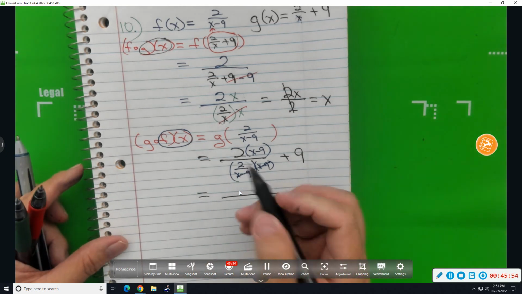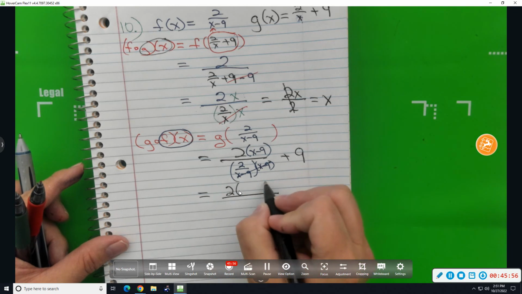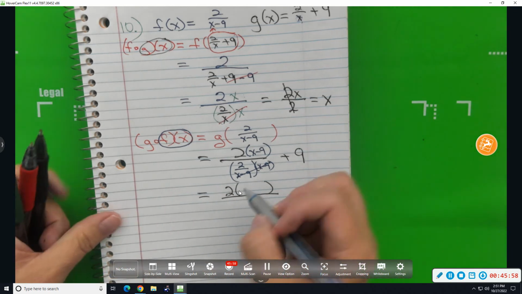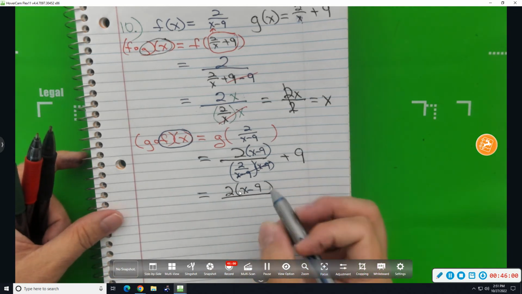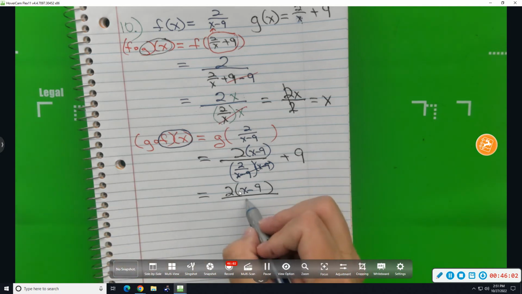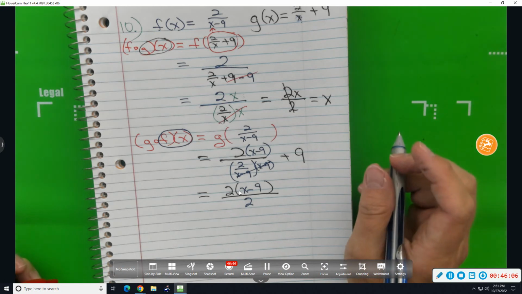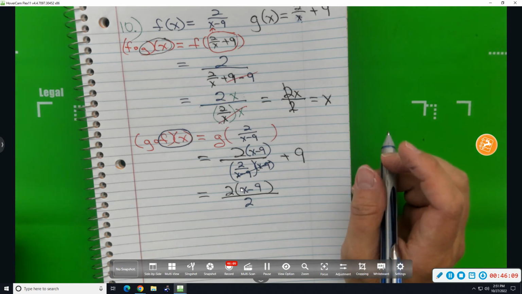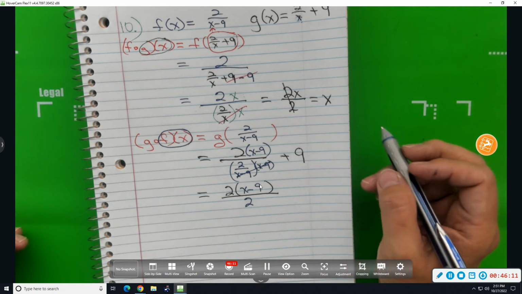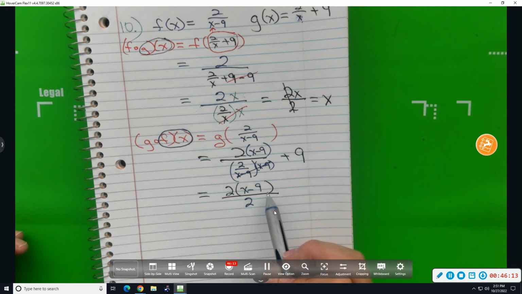We have that 2, and it's being multiplied by x minus 9. Resist the urge to start distributing. I would not do that. Remember, you want to cancel out stuff, and if you're going to cancel stuff, it needs to be written as a product. If you distribute that 2, you're not going to be able to cancel that 2 right there.